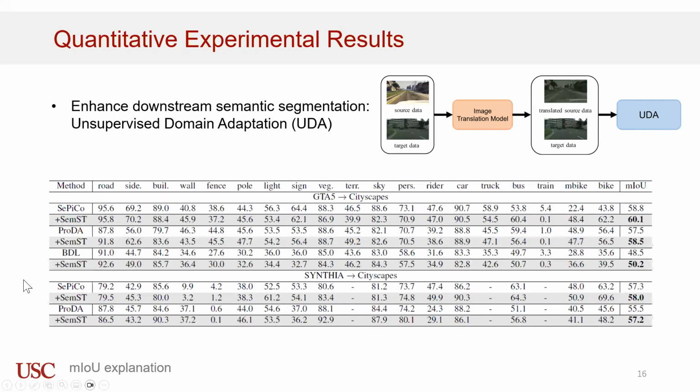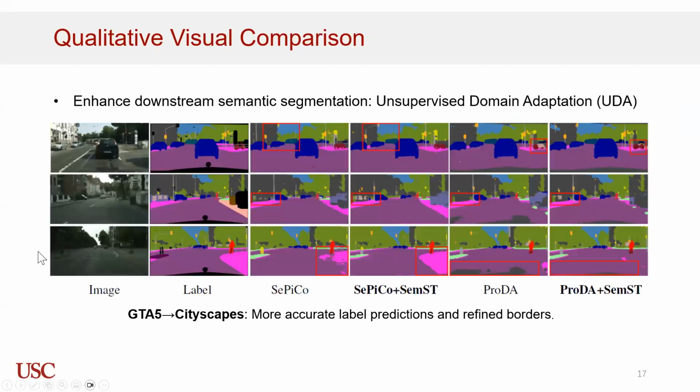And from the experimental results, we can see that for both GTA5 to Cityscapes and Synthia to Cityscapes datasets, after incorporating our method, we can improve the mean IoU. And qualitatively, we can see that after incorporating our method, we have more accurate label predictions and refined borders.